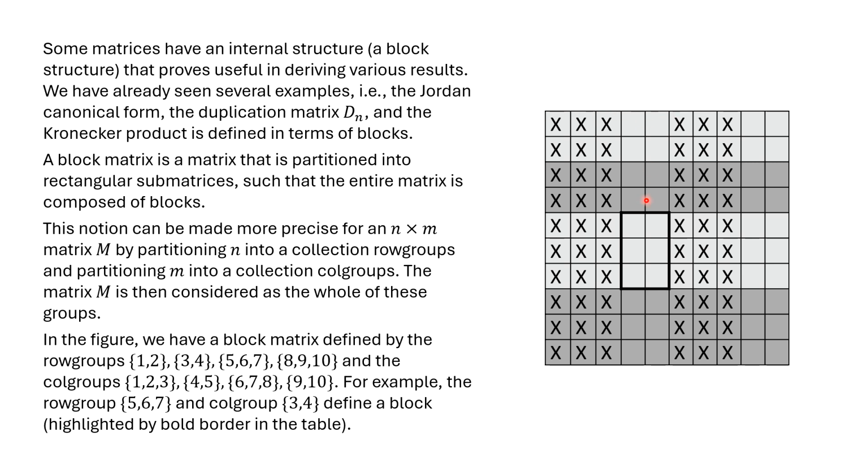Then we have another column group, 4, 5, and then 6, 7, 8 is a third column group, and then 9, 10 is another column group. When you put these together, you get a block. For example, if we take row group 5, 6, and 7 and column group 3, 4, then we get this block here, highlighted with bold.